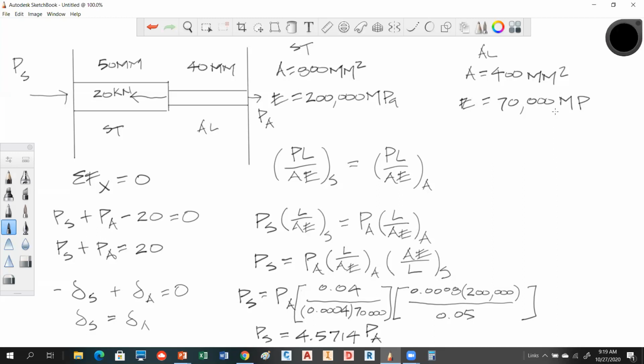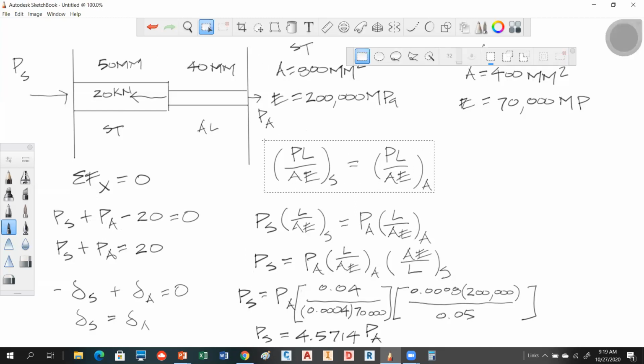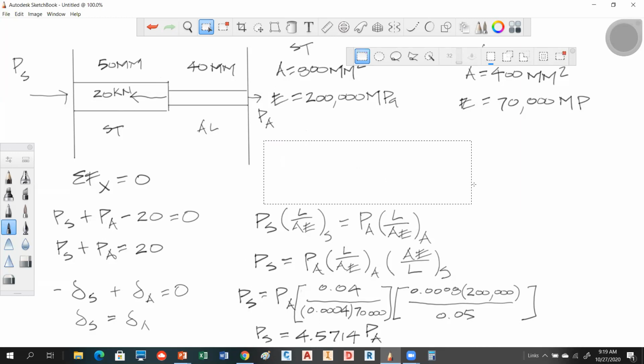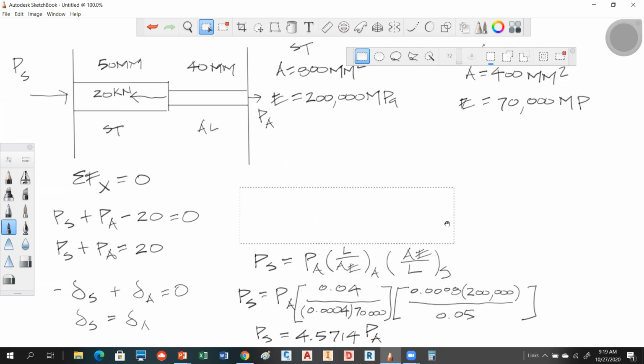Yeah, I got that. You got that? Yeah. Okay, so now that we understand what that is, we're going to plug this guy back into our statics equation. I'm going to clean this up a minute and show you what we're going to do now to solve this. I'm going to get rid of this equation, and this equation too. Now that we know that, I'm going to take this equation and write it up over here.